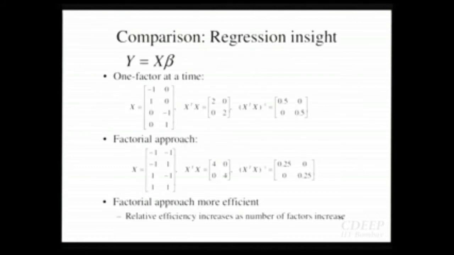If you were to look at the regression insight, what I want to show you is why that idea of changing both variables together is a better idea than doing things one at a time.